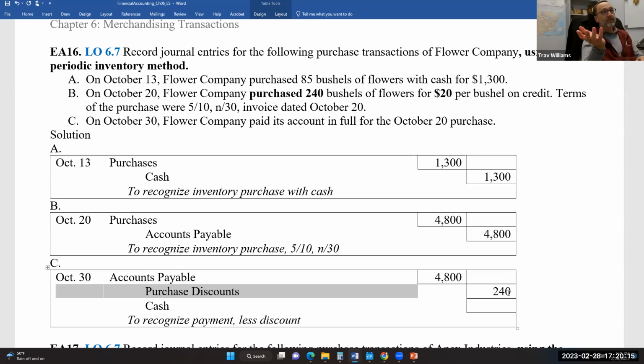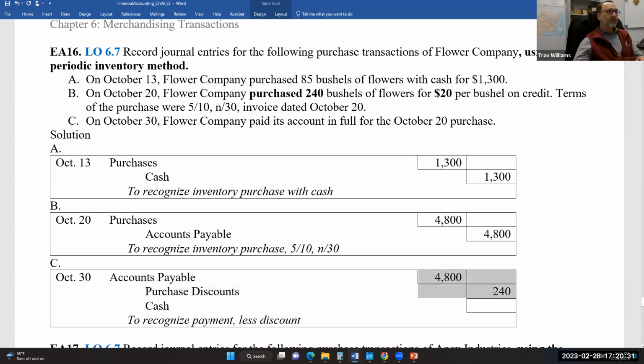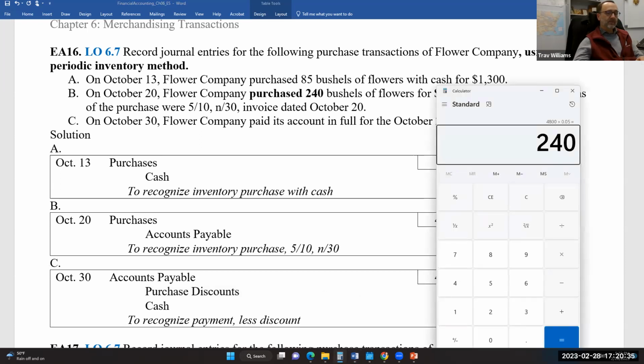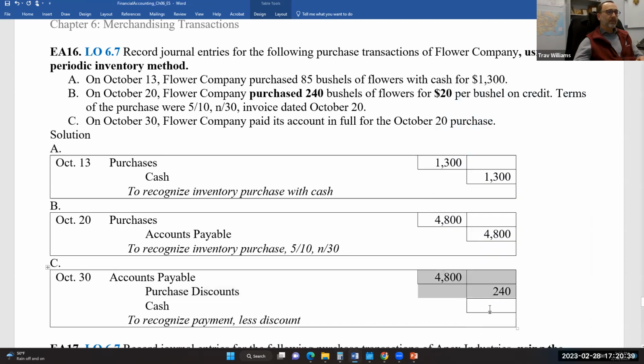And if we recorded every discount as a reduction in merchandise inventory, we wouldn't know the amount of our purchase discounts and allowances. So I guess that's the answer. Okay, but anyways, so we owed $4,800. Because we paid on time, we got a $240 discount. So the difference is we have to pay $4,560 in cash.